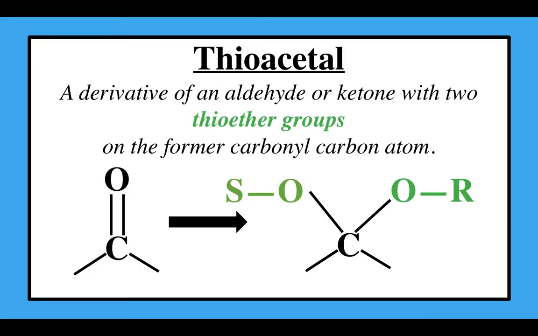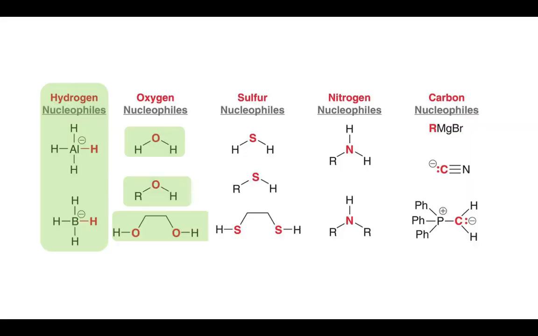Same thing as an acetal. Instead of having ether groups, we now have thioether groups that replace our oxygen carbon double bond. So that is what a thioacetal is, and we created it using a thiol instead of an alcohol. So that was the first reaction I wanted to go over on sulfur nucleophiles. And I'm going kind of quickly because we've already seen this. It's the same mechanism as the other reactions that we saw in the oxygen nucleophiles.